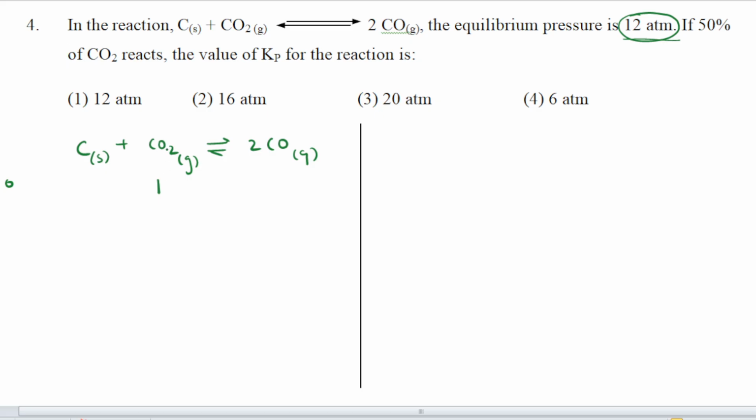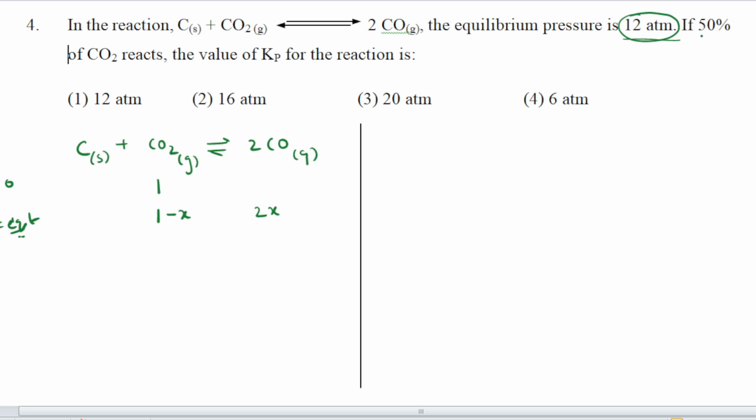So the number of moles of CO2 participating in the reaction at time t is equal to 0 is 1. At equilibrium condition, its concentration is reduced by some x. If it is reducing by some x, the concentration of carbon monoxide is going to be 2x.